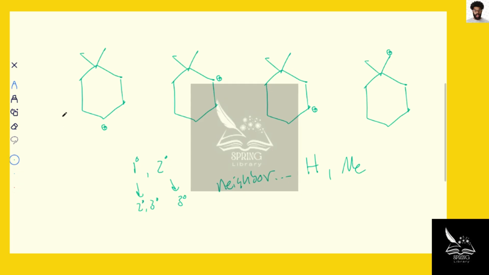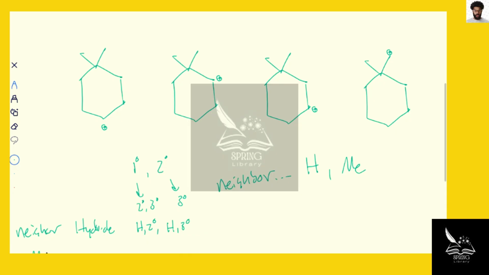Okay, so now we know what we're looking for. Okay, here's a secondary carbocation. Yep, that's on our list. This is possible to rearrange. I guess we'll point one other thing out. If it's a hydride shift, then we need to neighbor a hydrogen on a secondary carbon, or a hydrogen on a tertiary carbon.